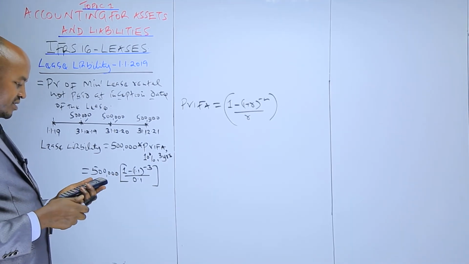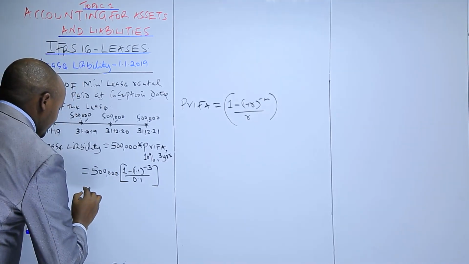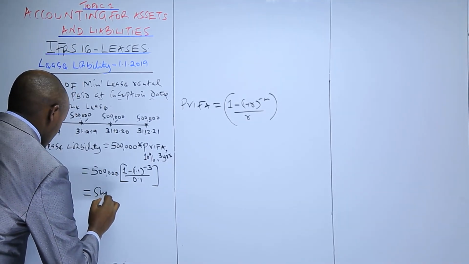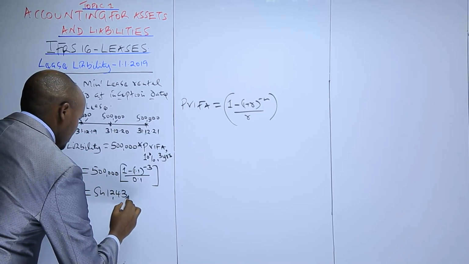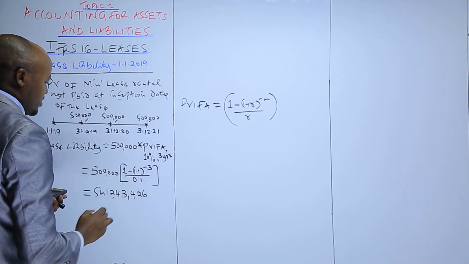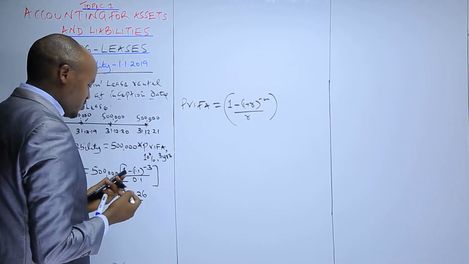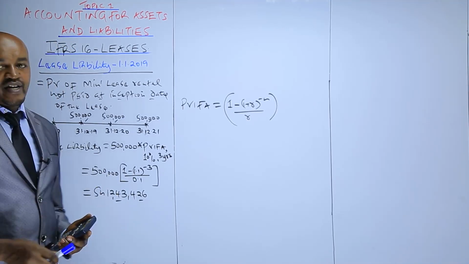That will give us a figure of shillings 1,243,426 to the nearest whole number. So this is now the lease liability at the inception date of the lease.